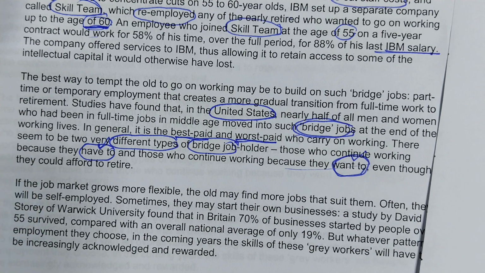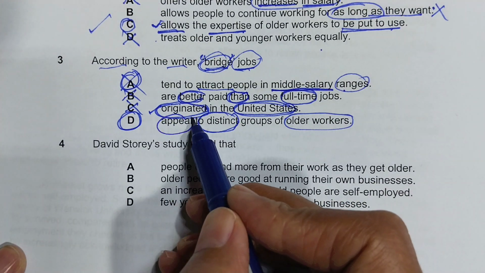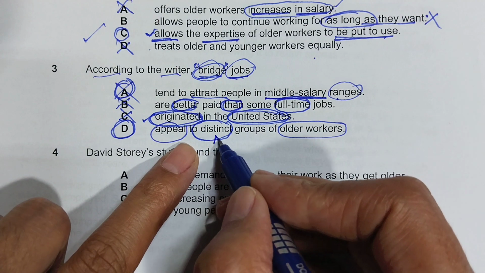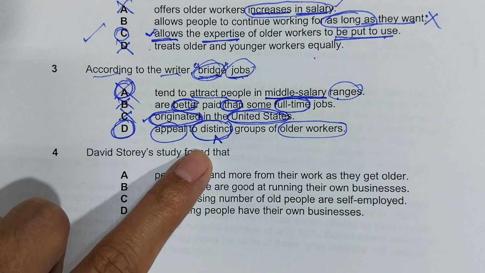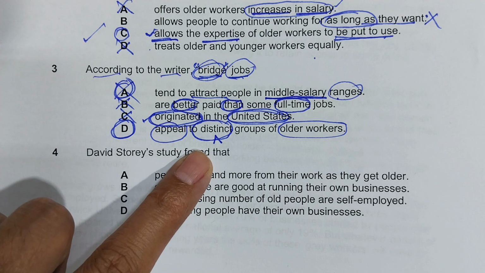So now let me explain how we can say our answer is D. Appeal means to attract them, and distinct means clear groups of older workers. If we look at the synonyms of distinct, you will find that there are many: clear-cut, definite, well defined, sharp, marked or decided.